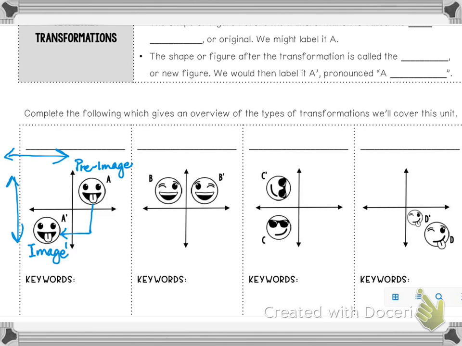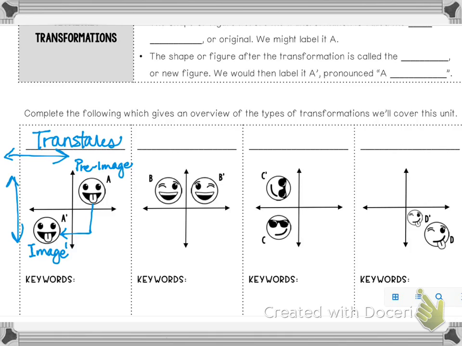All of the different details in the face, the smile, the emoji is the exact same. So nothing's twisted around or flipped or rotated or got big or small. We call these kinds of transformations translations.